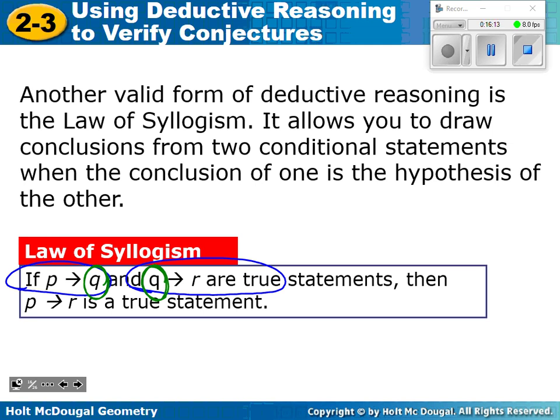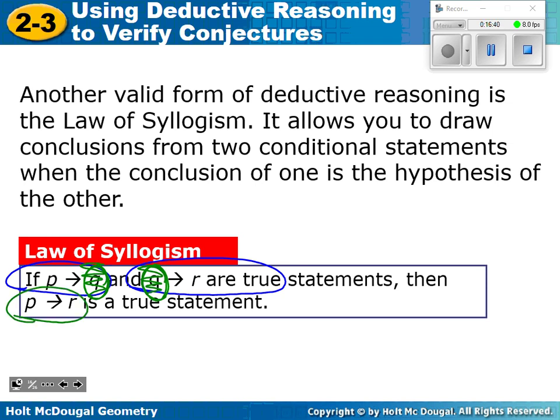So the conclusion of one of the sentences will be exactly the same as the hypothesis of the other one. For example, if you made a 74% on the test, then you made a C. If you made a C, then you passed the test. Two if-then statements, right? The part that they had in common, making a C. So what the law of syllogism says, if there's a part that's in common that's exactly the same, you can get rid of that part and write a third if-then statement.